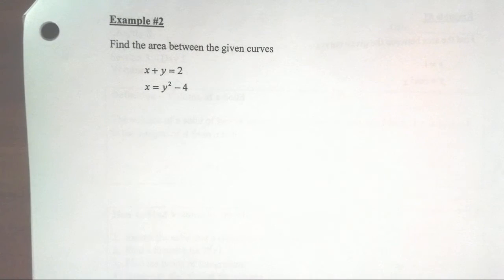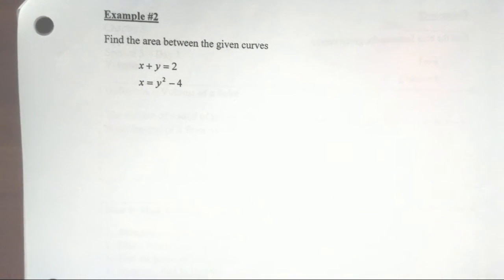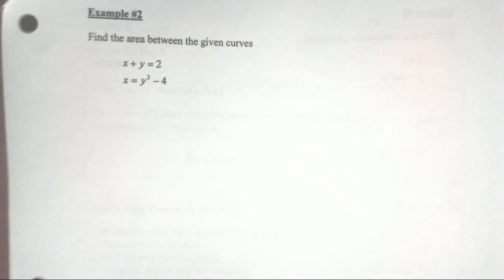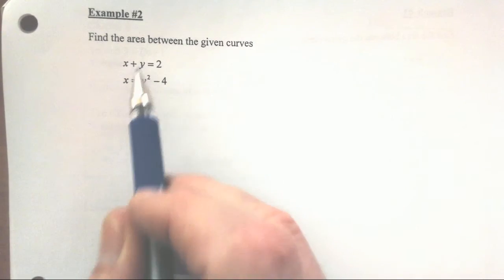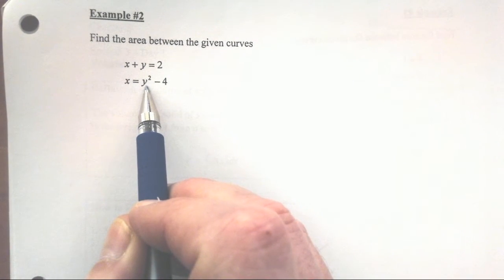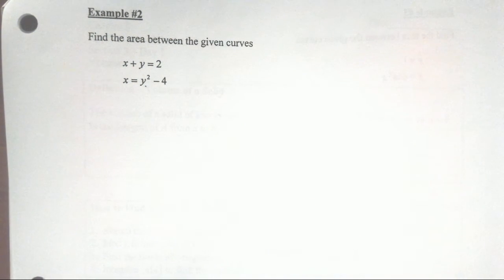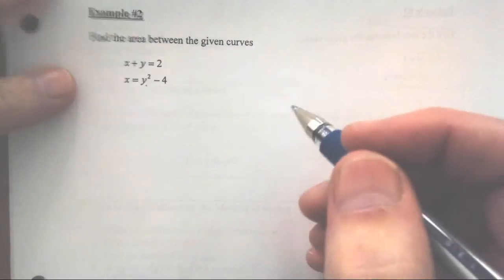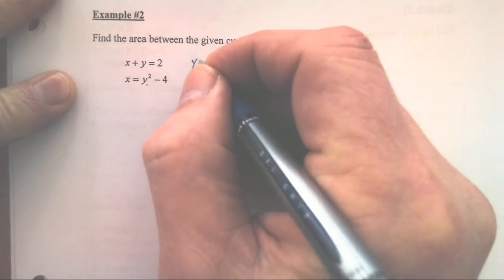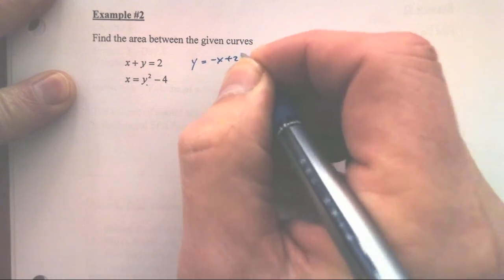Okay, example 2. In this case, we'd like to solve for y, and it's easy to solve for y. When I solve for y, I end up getting y equals plus or minus square root of x plus 4. Let's take a look at the graph, and then let's consider our options. First off, the first equation could be y equals negative x plus 2.